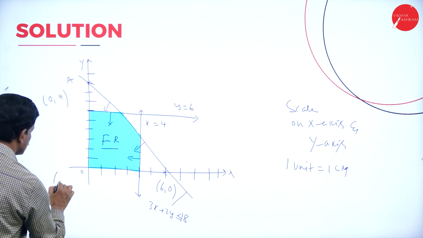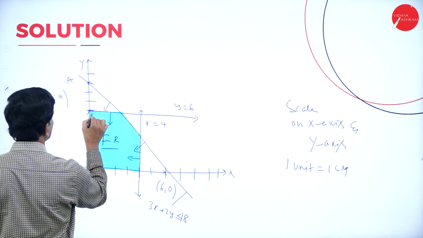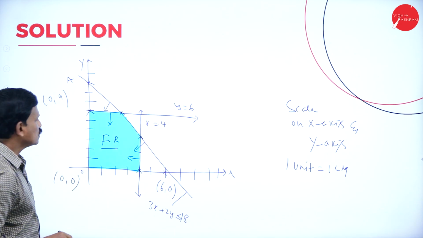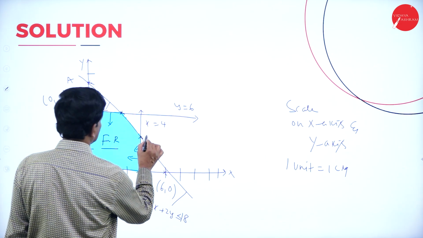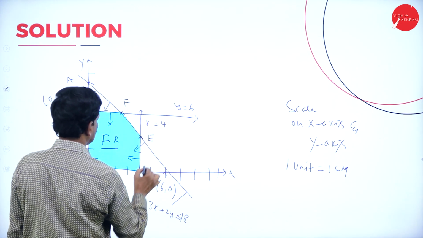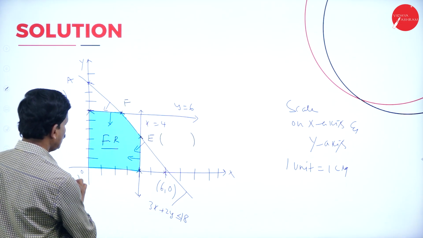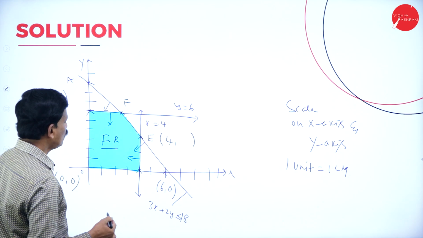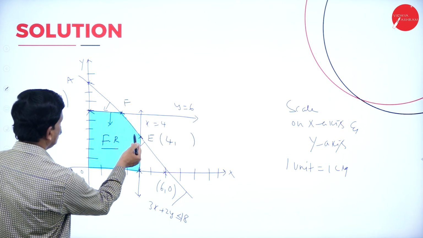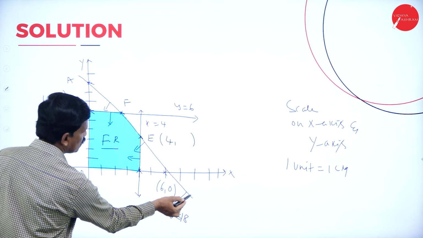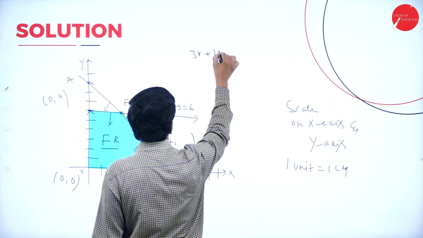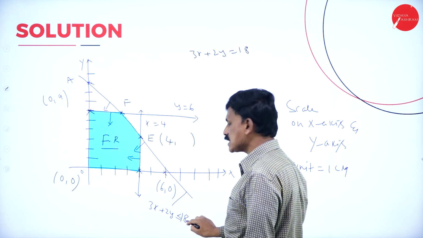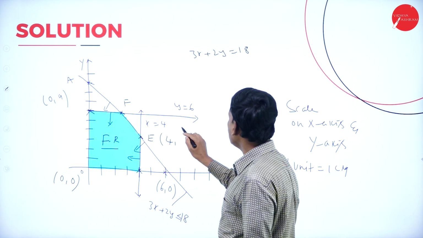Now what are the corner points? 0 comma 0 and this point, this point, this point and this point. Let us call these points E and F. What is E? The value of x is 4, and for y, substitute in the equation 3x plus 2y equals 18.